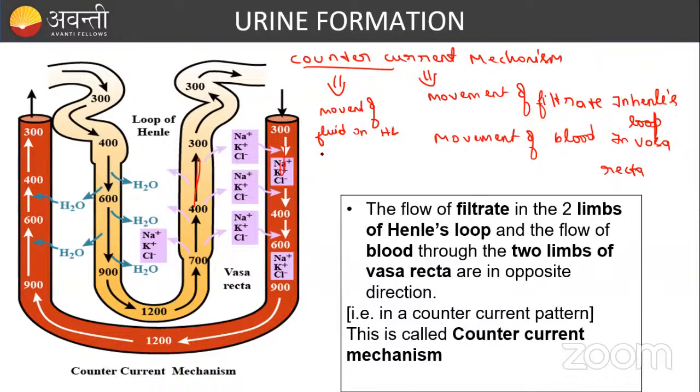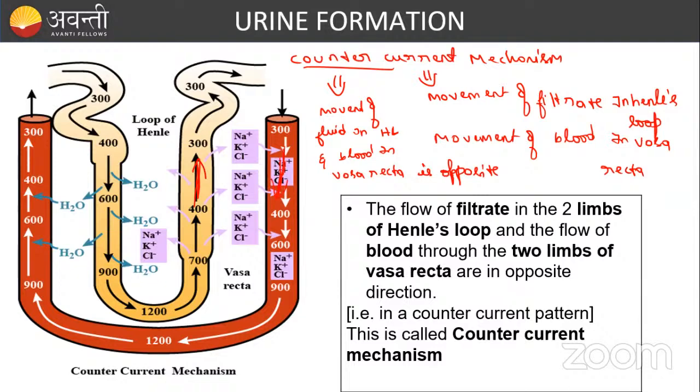The fluid in the loop of Henle and the blood in the vasa recta are opposite to each other. So that's why we are calling it counter. Here the filtrate is moving like this, whereas the blood is moving like this, right? So that's why we call it a counter current mechanism.